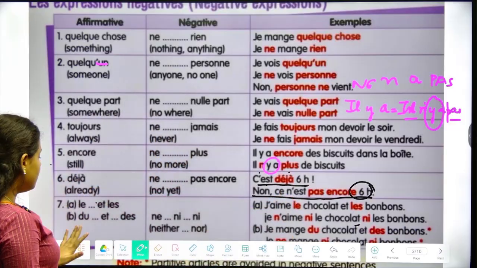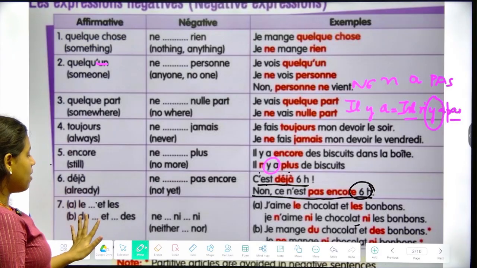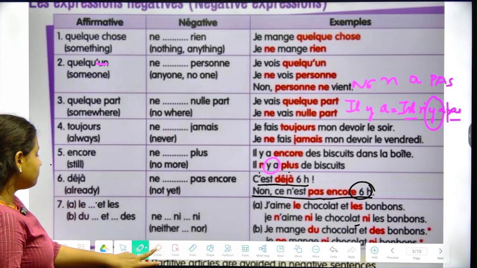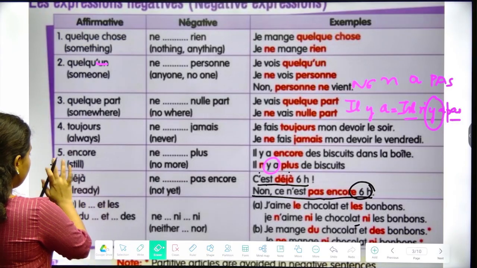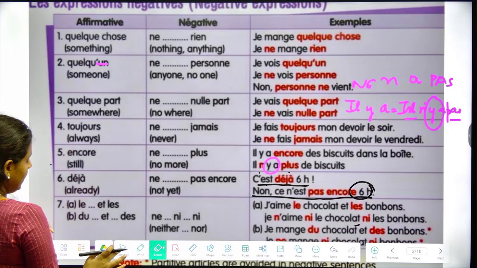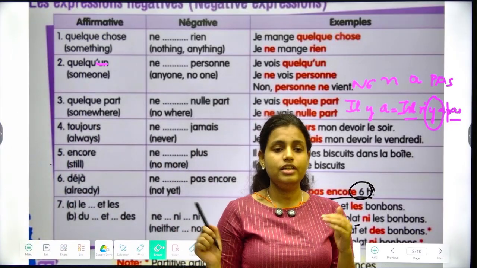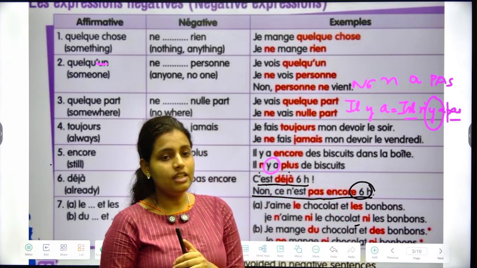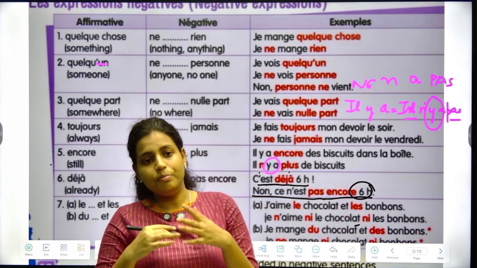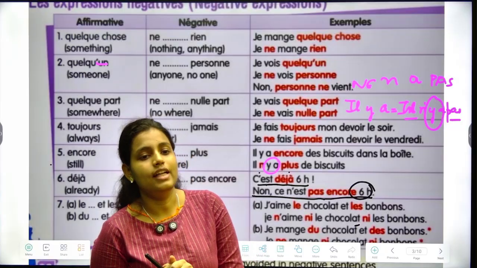Then the seventh and the last negative marker which we have here is ni and ni. That is, when you have to negate with neither nor in English. That is, I neither prefer chocolate nor ice cream.